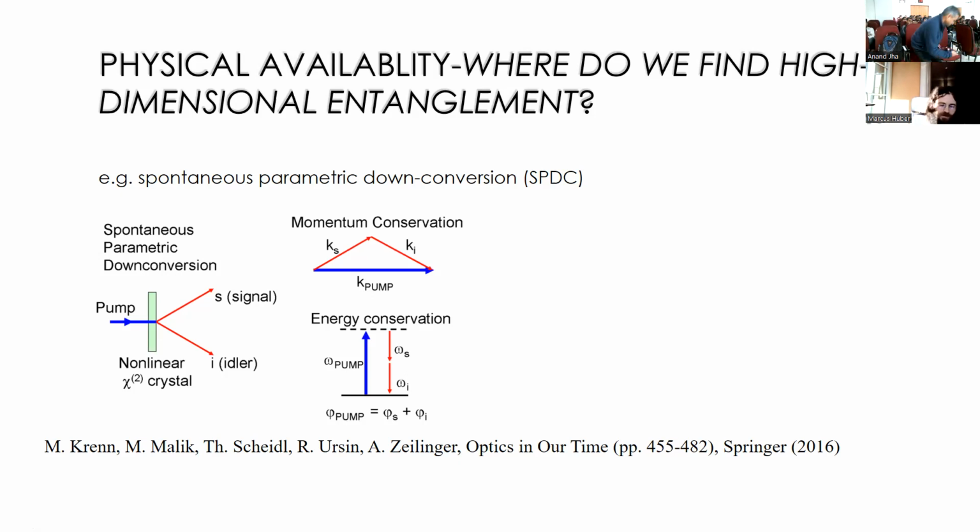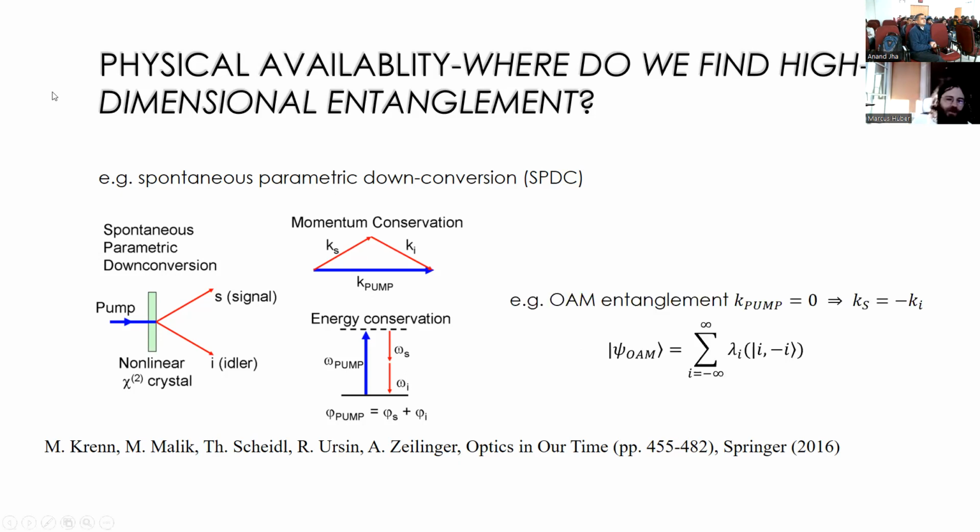But since the uncertainty principle tells us that neither of these quantities can be infinitely sharp when pumping, it means that we have a coherent superposition of different momenta and of different energies. And so already the tool we standardly use for polarization or for qubit entanglement is suitable for high-dimensional entanglement.